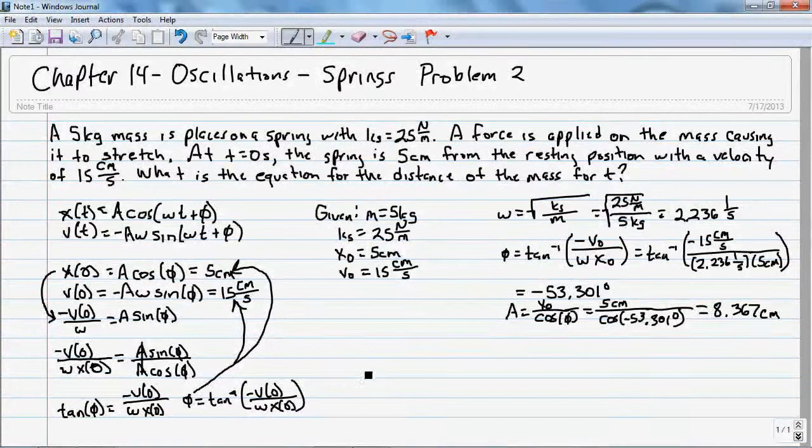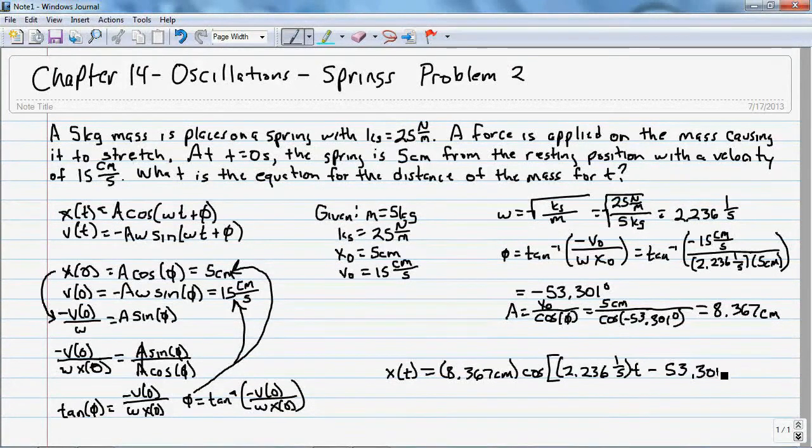So now we can write the equation. x as a function of t is equal to our amplitude, 8.367 centimeters, times the cosine of omega, which is 2.236 per second, times t, minus 53.301 degrees.